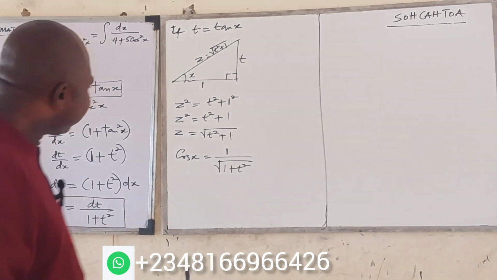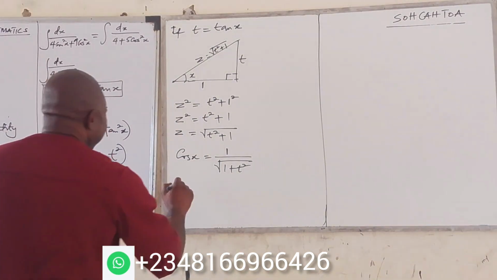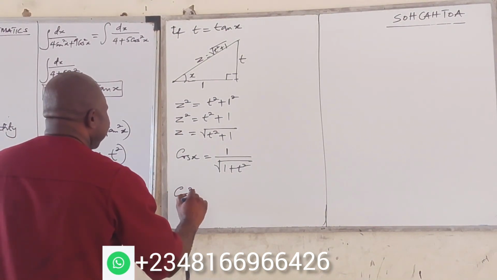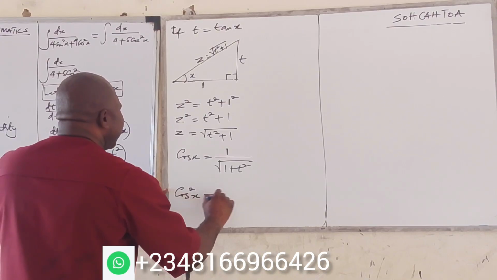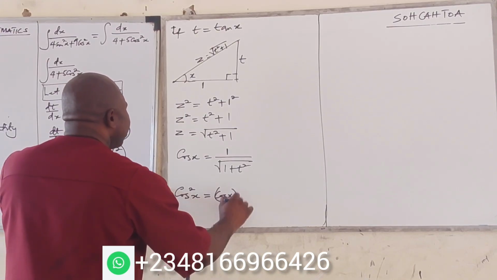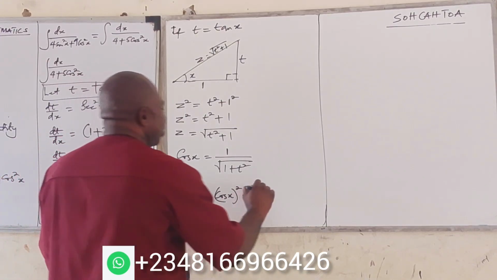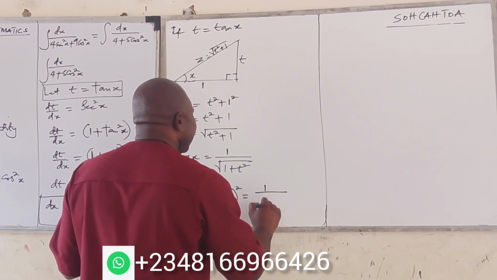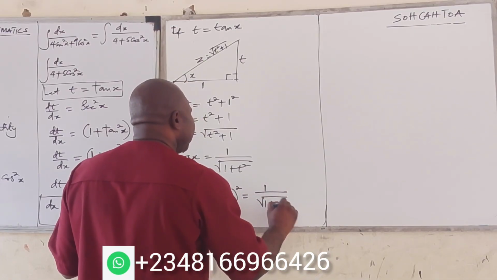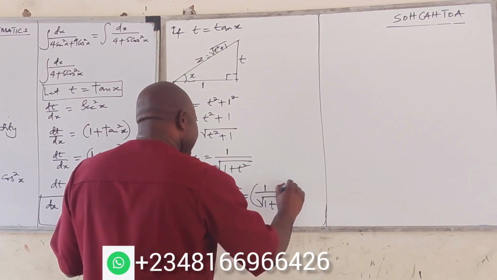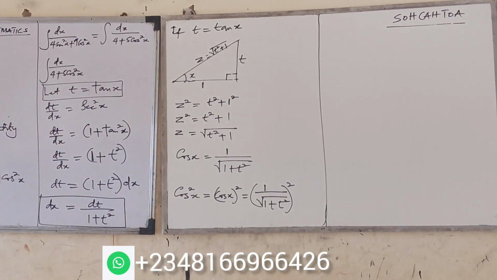Now that's cos x. Now let's look at cos square x. Cos square x is the same as cos x all squared. So that will give us 1 all over the square root of 1 plus t square, all squared.